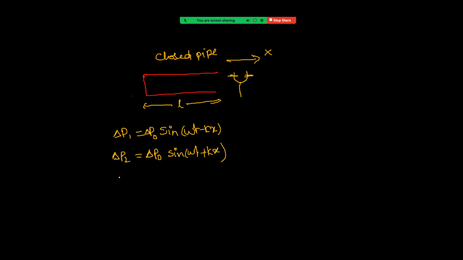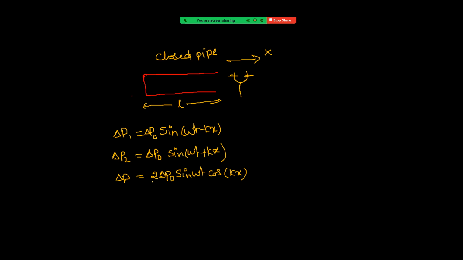Resultant delta P equal to delta P1 plus delta P2 that is equal to 2 delta P naught sine A plus sine B, 2 sine A plus B by 2 that means sine omega t. The kx gets cancelled, cos A minus B, that becomes now cos kx.